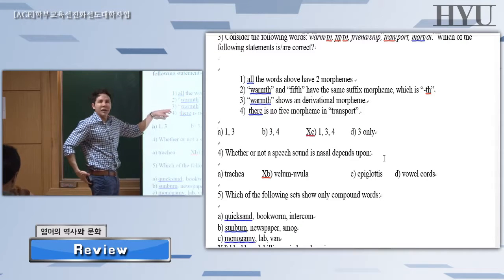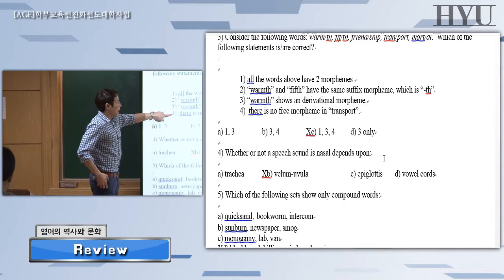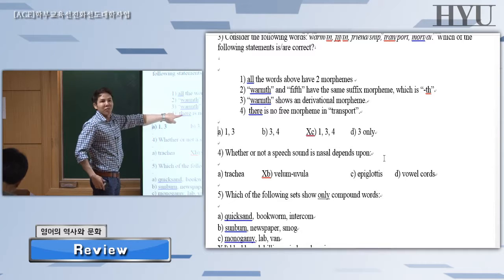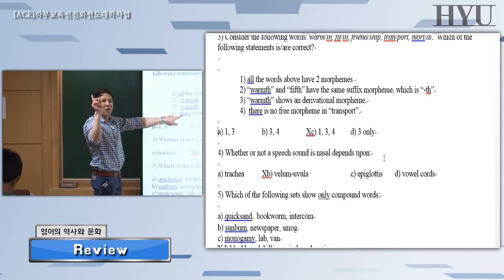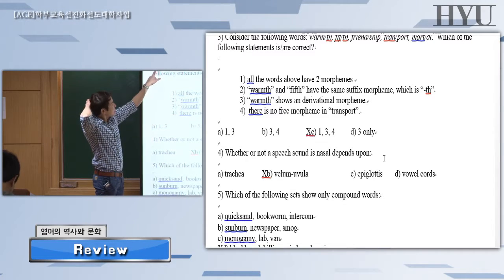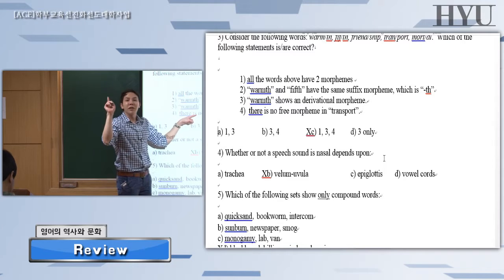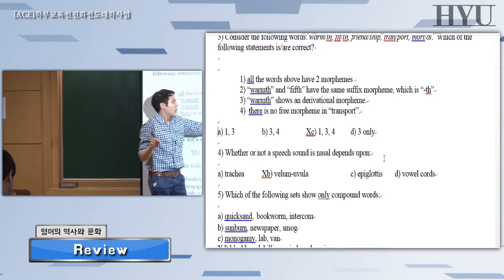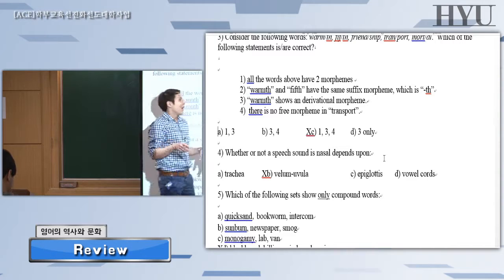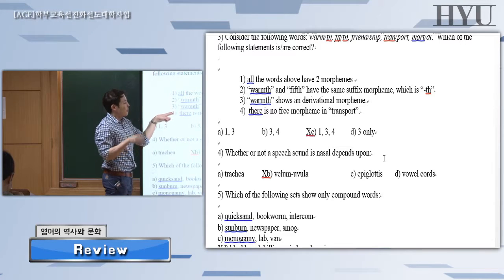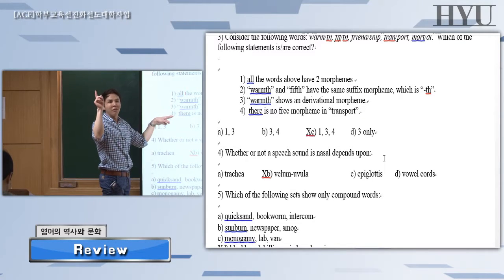Thanks for reminding me of this one. Number 4, there is no free morpheme. There is, right? We said that there is one free morpheme. This is in question 3. There's one free morpheme, right, in transport, which is port, right? So number 4 is wrong, because there's one free morpheme.